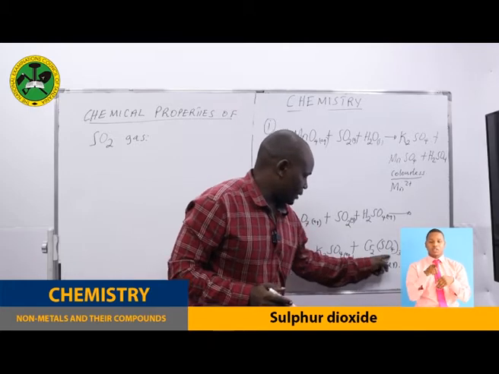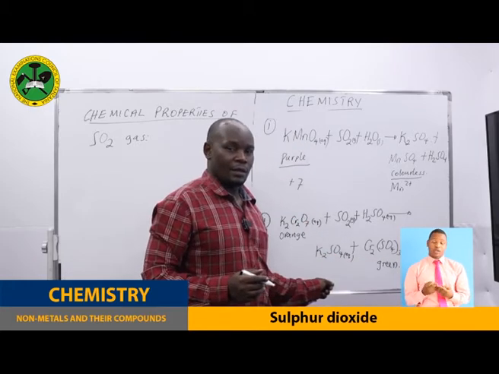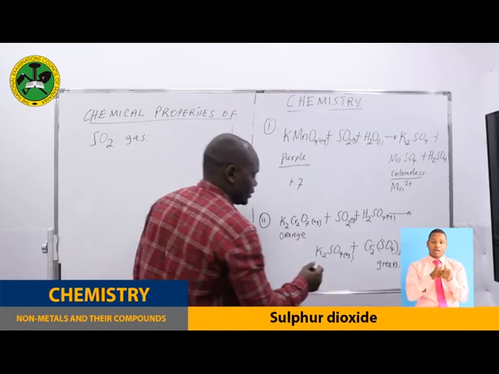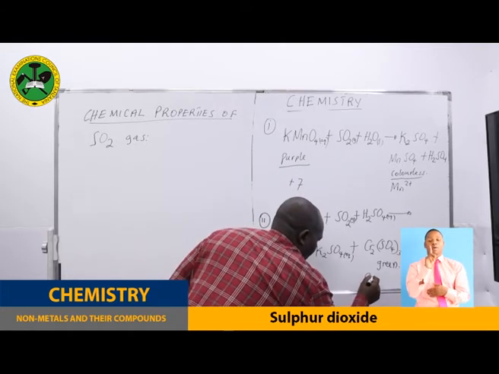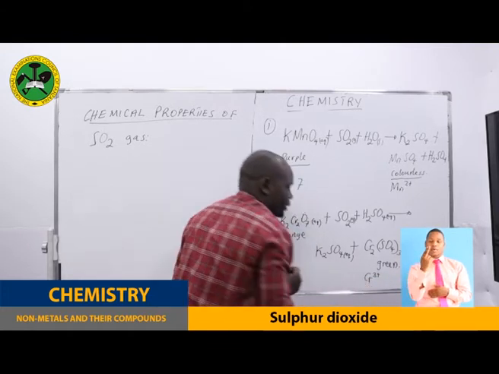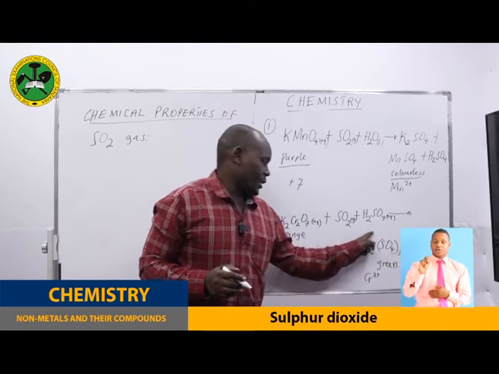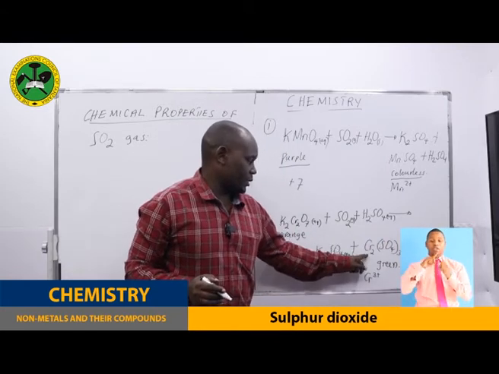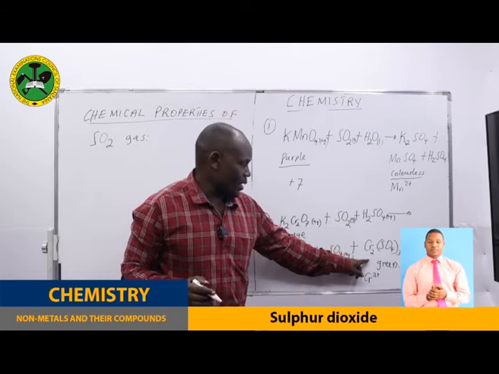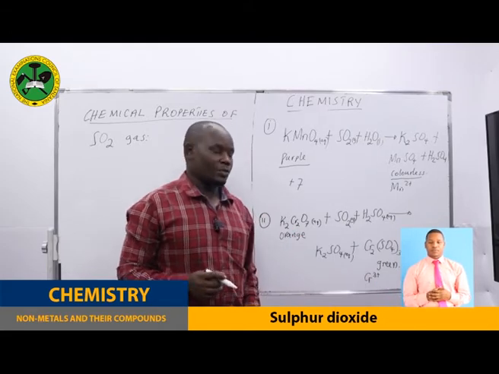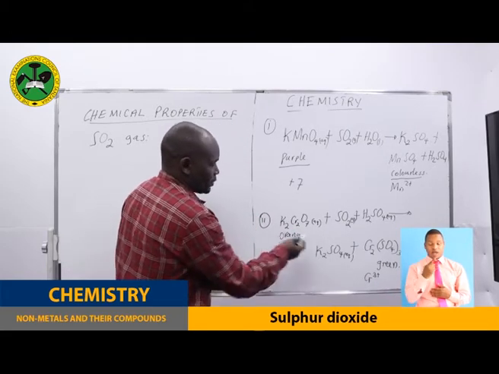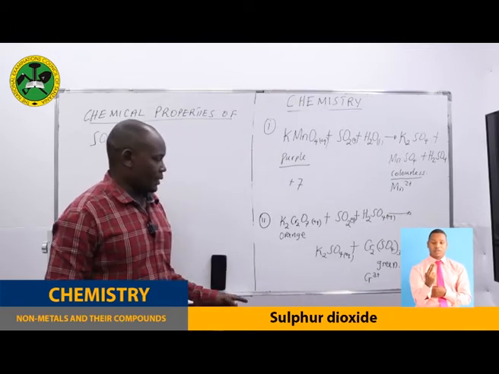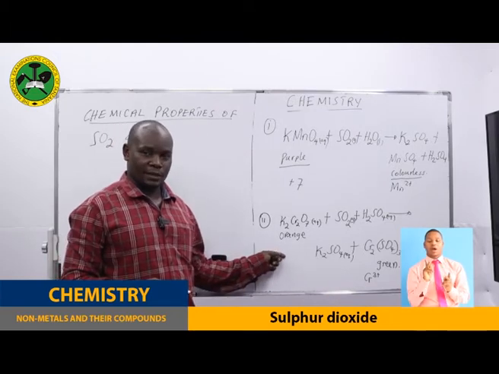And what does the green color represent? Green color is due to presence of chromium 3 ions, which are green. So it is due to formation of chromium sulfate. So do you see now how sulfur dioxide acts as a reducing agent?